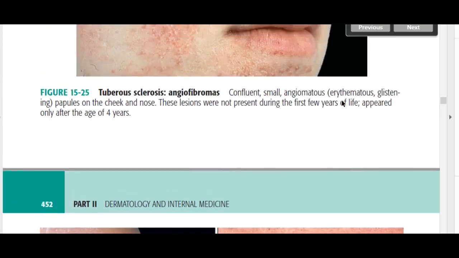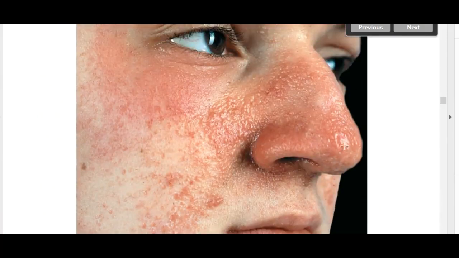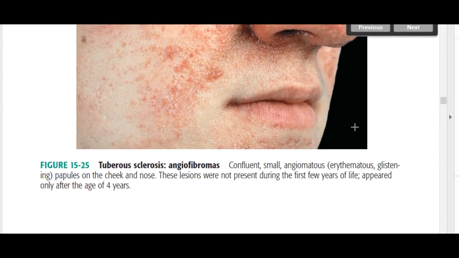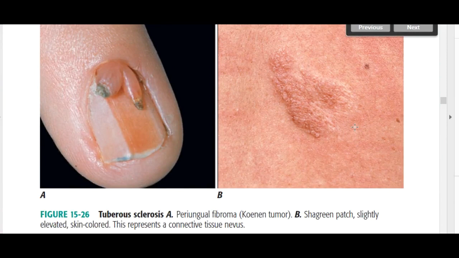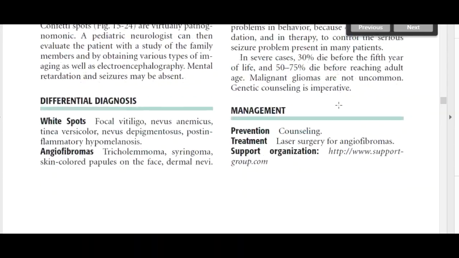Sorry, this is angiofibromatosis. These are angiofibromas of tuberous sclerosis. Here you can see the nail, and this is periungual fibroma or Koenen's tumor of tuberous sclerosis. Here you can see the small patch which is the Shagreen patch of tuberous sclerosis.